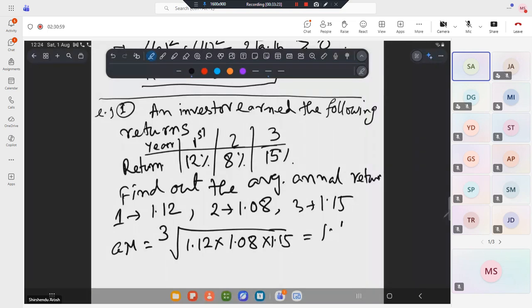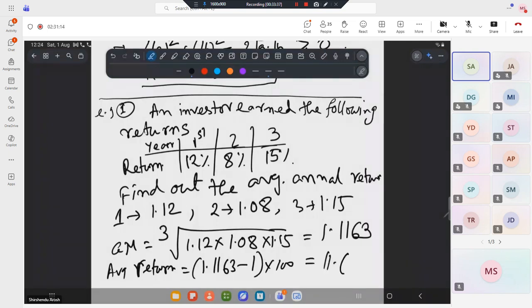You should get something like 1.1163. Then I can find the average return as 1.1163 minus 1, so 11.63%. This is the average return for each and every year.